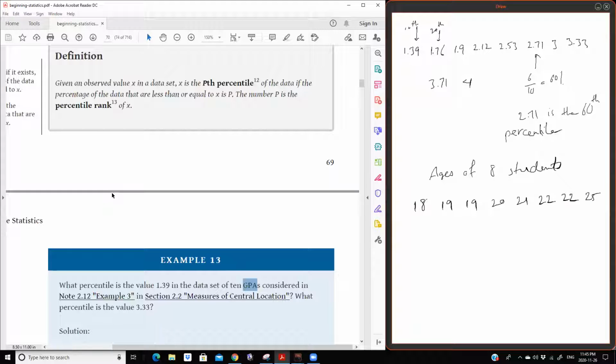Okay. So imagine this is the ages of 8 students in a class, and you want to calculate the percentiles.